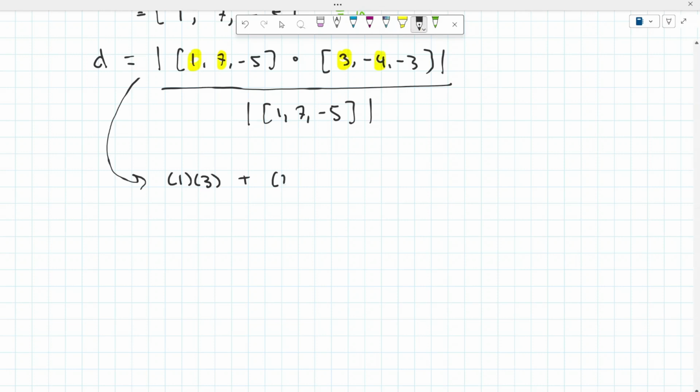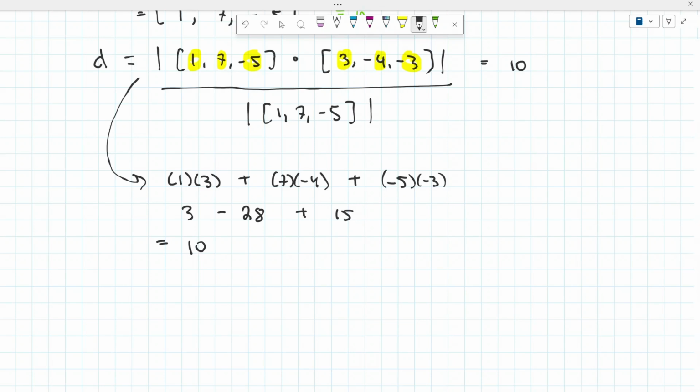So we've got 7 times -4, and then plus the last placeholder. So -5 times -3, and this gives us 3 plus 7 times -4 is going to be -28, and then plus 15. And this is equal to 10. So we have that our numerator here is equal to 10.